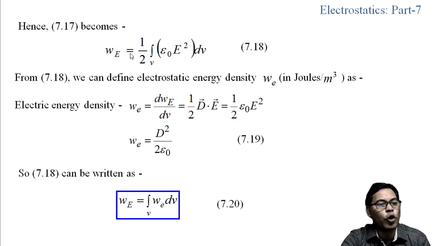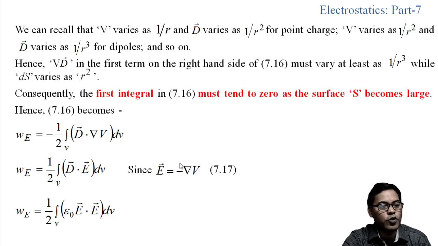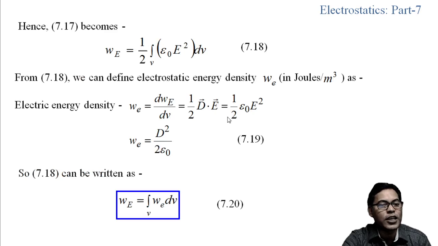Here the energy density is denoted by small w subscript e, in joules per meter cube, while the total energy is We. The electric energy density we equals d by dV of We, which gives half of D dot E, or half of epsilon naught E square. In terms of D, the electric energy density we equals D square by twice epsilon naught.